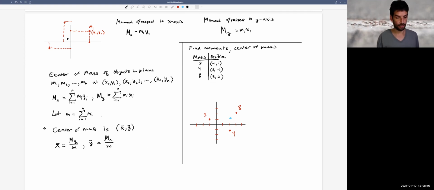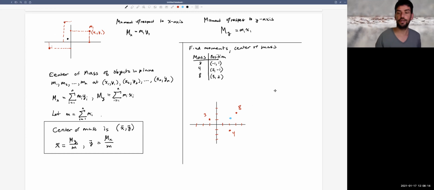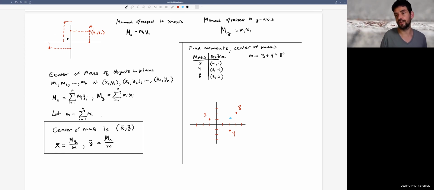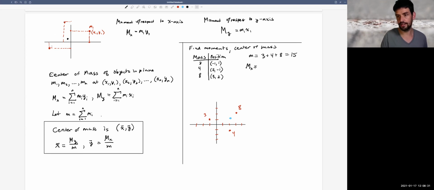We need, so I'm looking at this rule right here. We need, let's start with little m. This one's easy. Our total mass, we're just adding up all the masses. So we've got 3 plus 4 plus 8 is 15. I need to compute the moments. Let's start with mx, right?